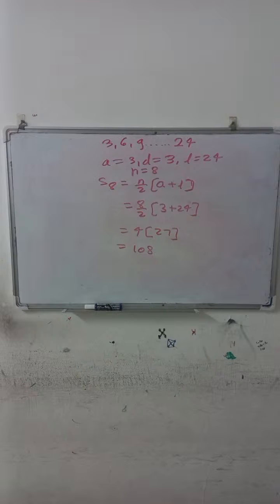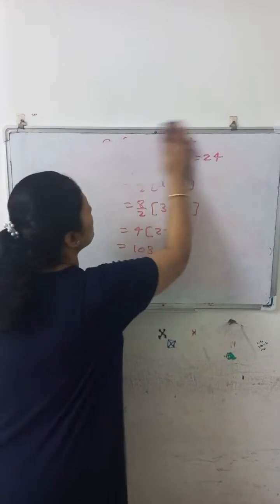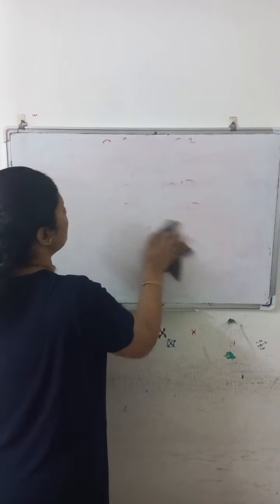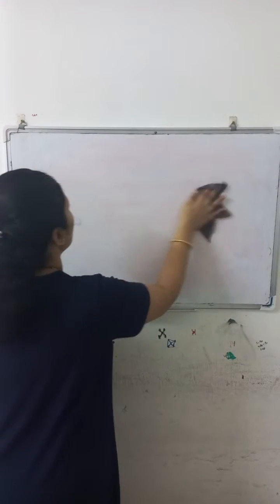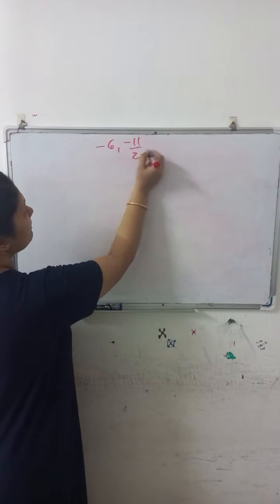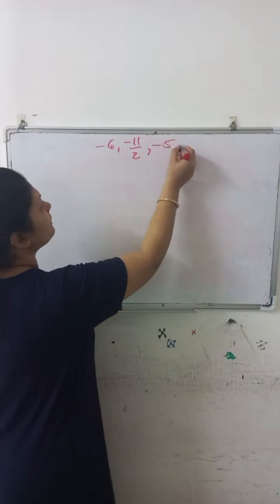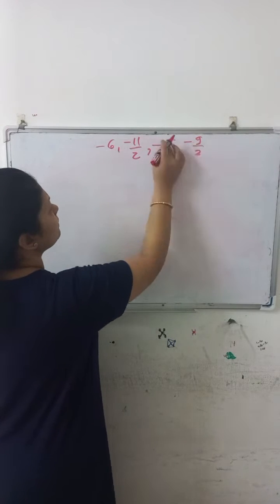Why this is important, I will tell you. Look, the question is: an AP is given. The AP is minus 6, minus 11 by 2, minus 5, minus 9 by 2.